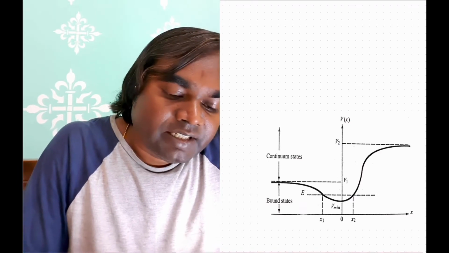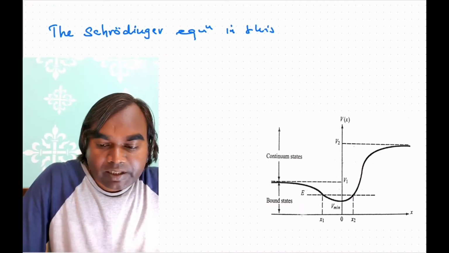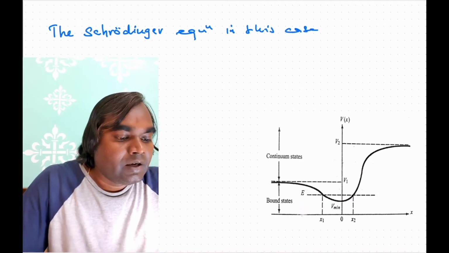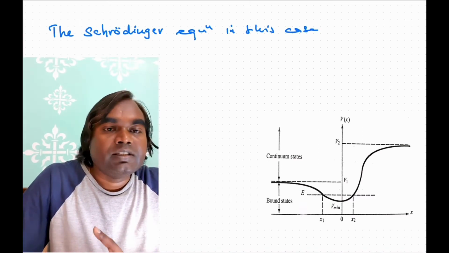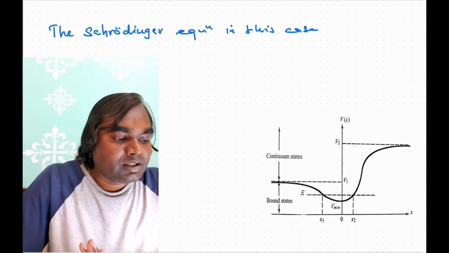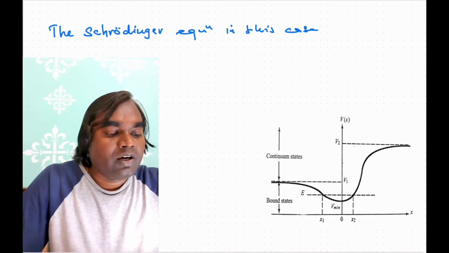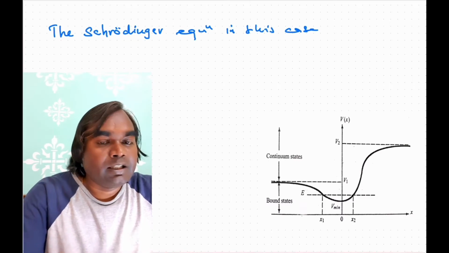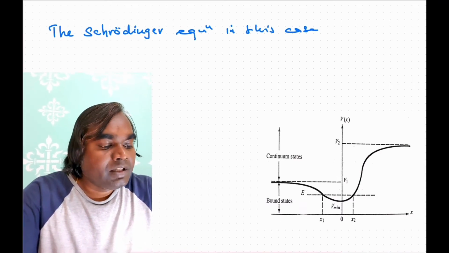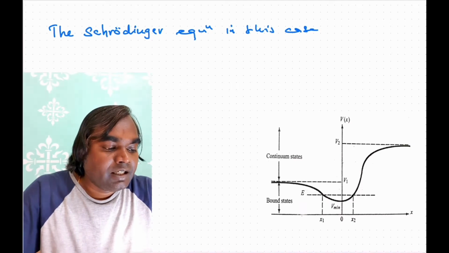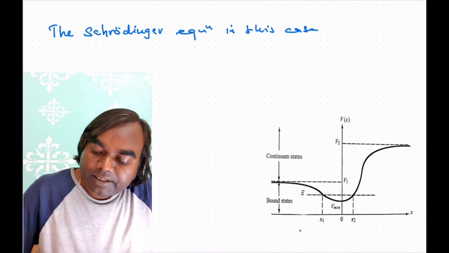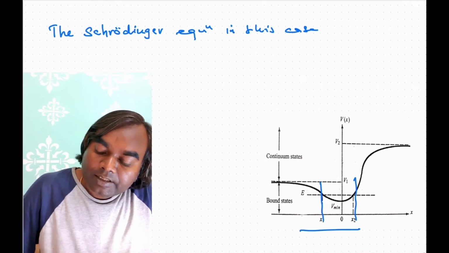The Schrödinger equation in this case admits only discrete solutions. The infinite square well potential and the harmonic oscillator are typical examples that display bound states. You can see in this figure that this region is acting as a bound state.